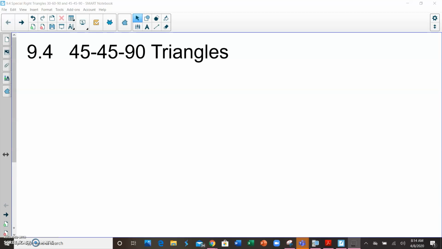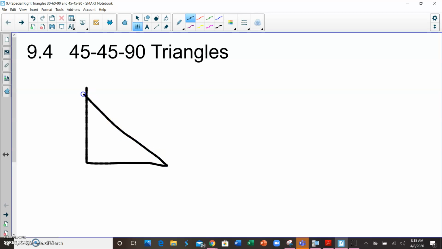Now, don't make fun of my drawing. It's going to be the same as it is at the high school. Here is a 45, 45, 90 triangle, the best I can draw with my finger. There's the right angle. Just like always, if it's a right triangle, we've got two legs and a hypotenuse.